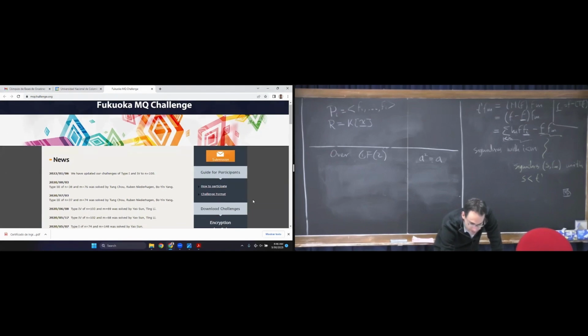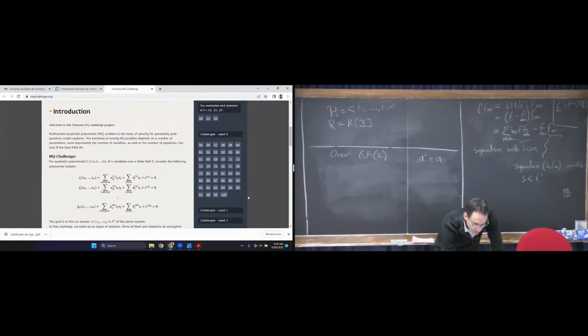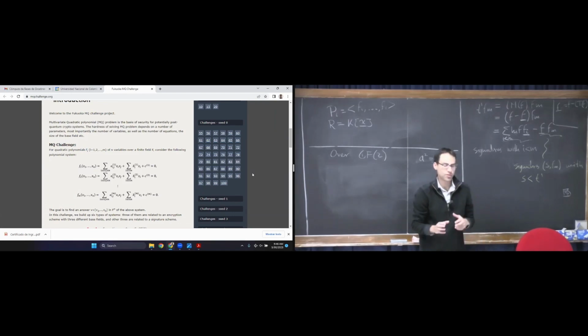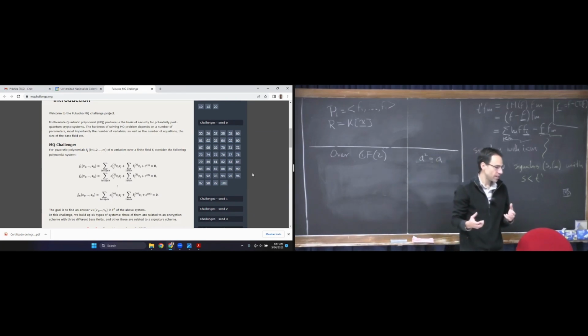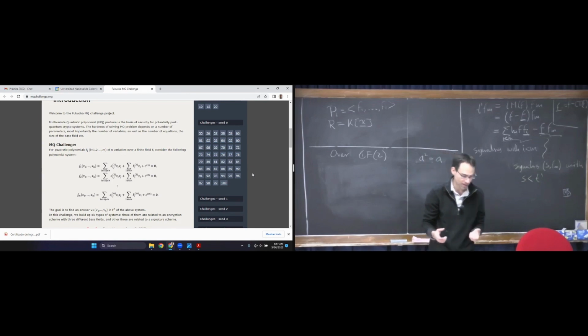There are a number of challenge systems to be solved, and you can look here for the best algorithms to solve, and also for challenges to try to solve large systems over finite fields.